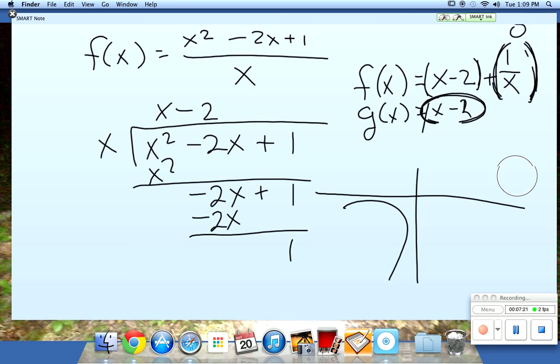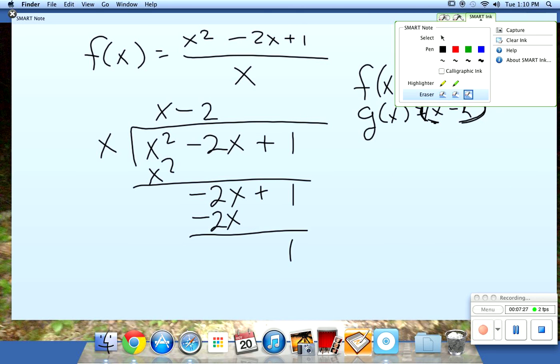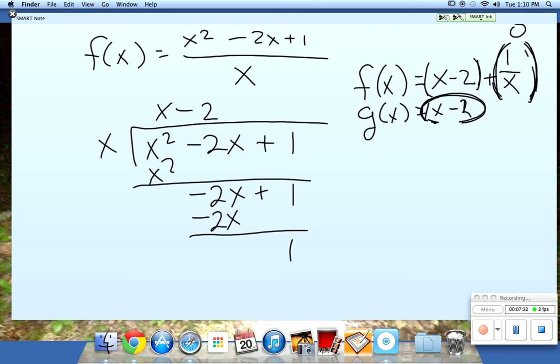Let me redo my graph here. Yes? What are you talking about? Oh, negative 1 here? So I'm subtracting, right? This would be 0. No, a minus 2 minus a minus 2.